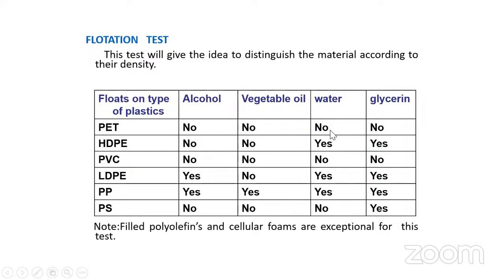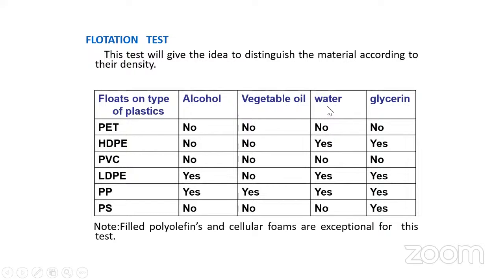If you float polymers with density more than one, what do you think, will it float or sink? It will sink. Or if the polymer has density less than one, it will float. Correct. Accordingly, you can identify polymeric materials by knowing their density.